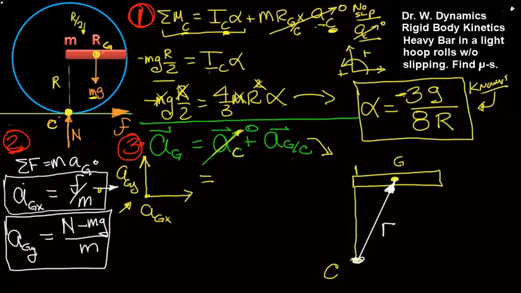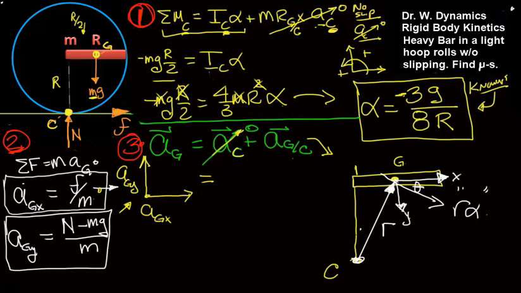Notice that that's a fixed length r, it doesn't change. So we could observe an r alpha type acceleration, and we could observe an r omega squared type of acceleration from here. The hoop starts at rest, so there's no r omega squared to worry about, just an r alpha type. So with that, we'd like to break this up into components so that we can relate it to our a_G values. So there'd be an x component and a y component from this.